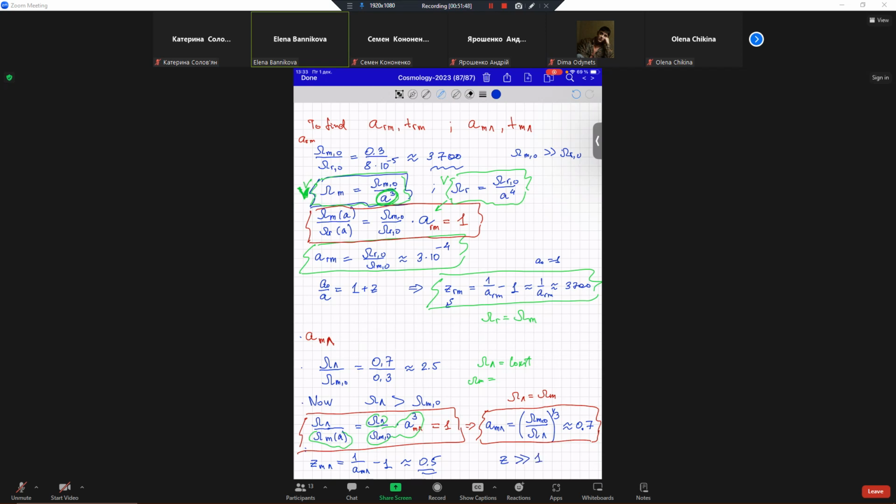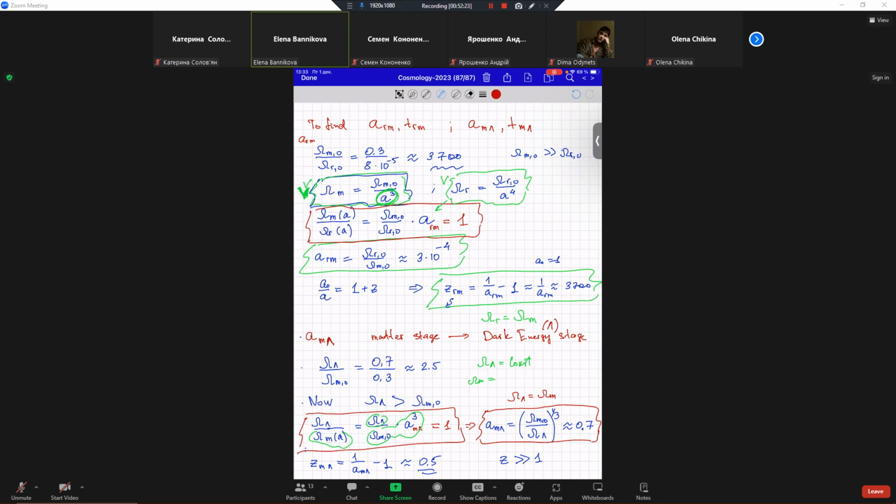So it means that this event, when we pass from the matter stage to the dark energy stage. Again, when we speak now about dark energy, we consider lambda constant.